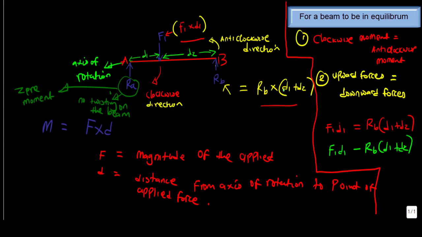Well, this is the normal convention when writing down the moment equation, because we like to assume that the clockwise moment is the positive moment, and the anti-clockwise moment is the negative moment.